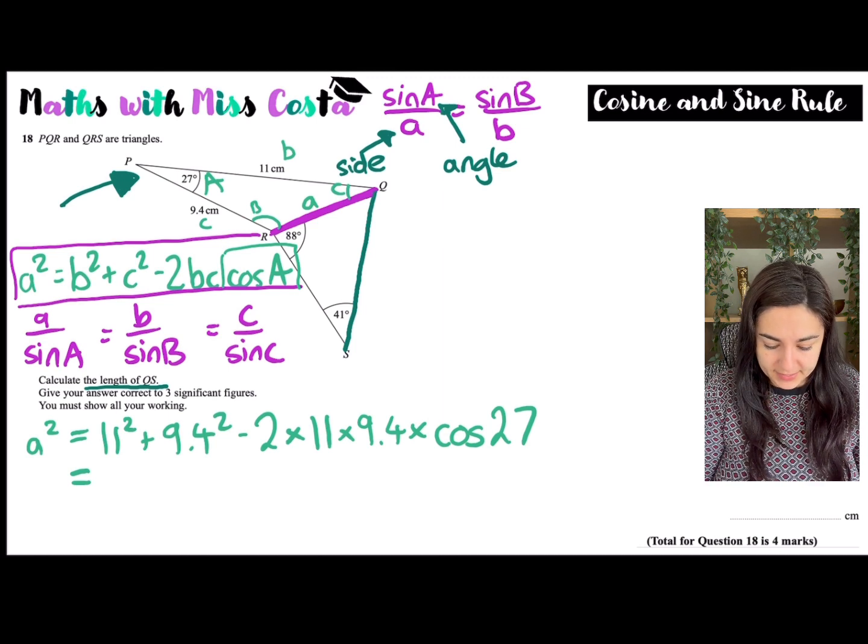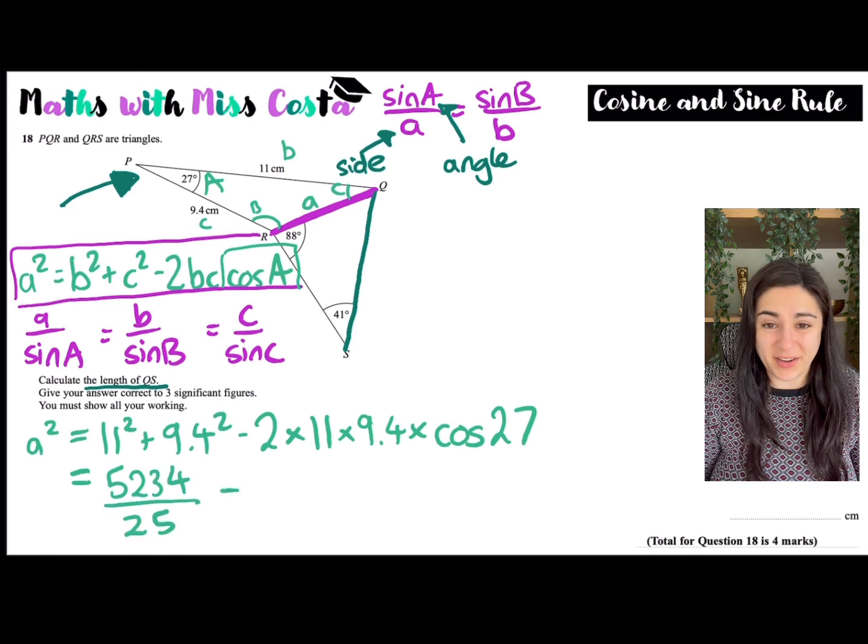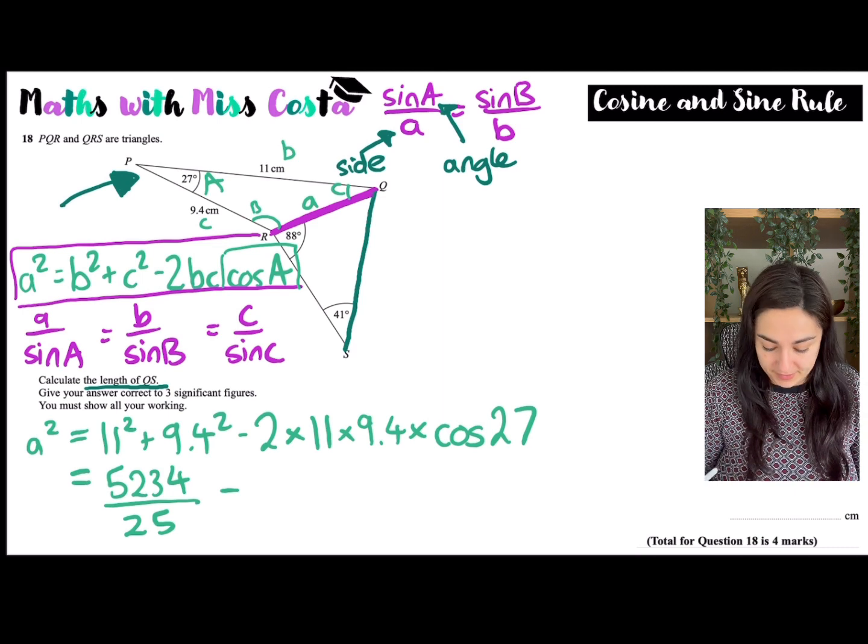So 11 squared plus 9.4 squared equals 209.36, take away... And if you're not particularly confident with your calculators, then just do it bit by bit. So then let's do 2 times 11 times 9.4 times cos 27, which is 184.2601492.